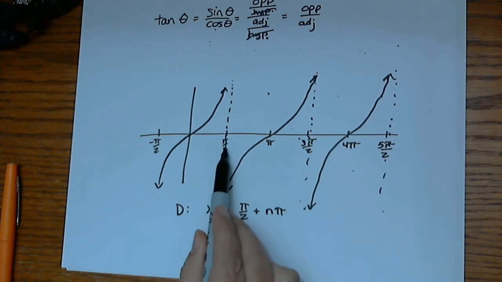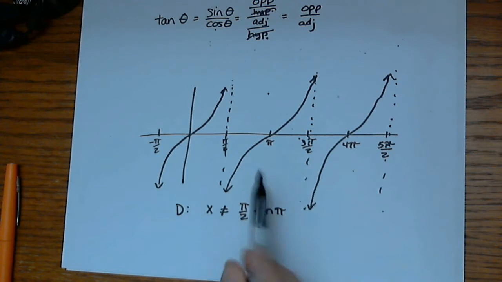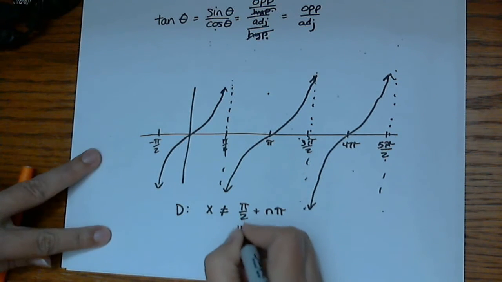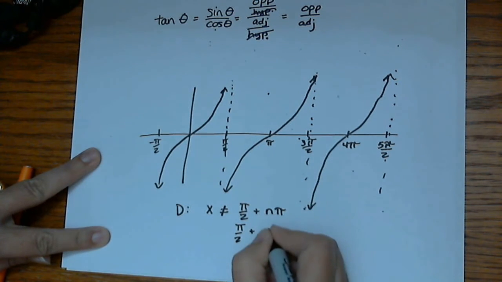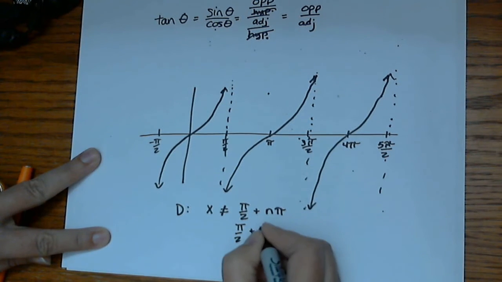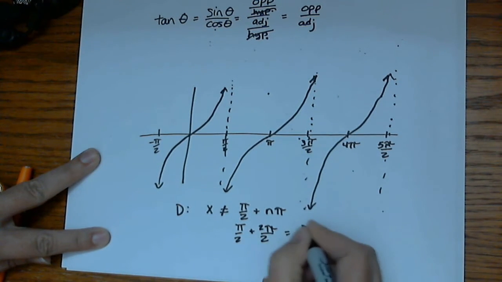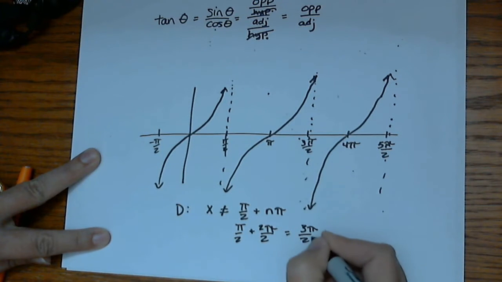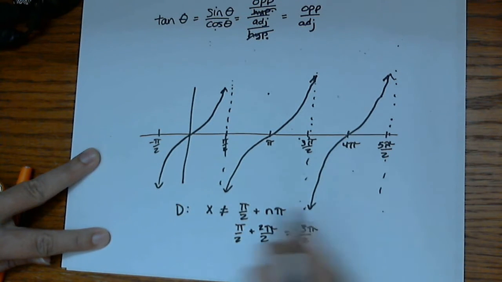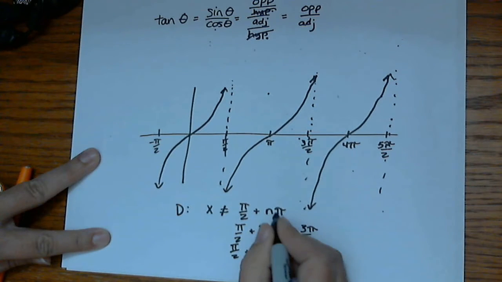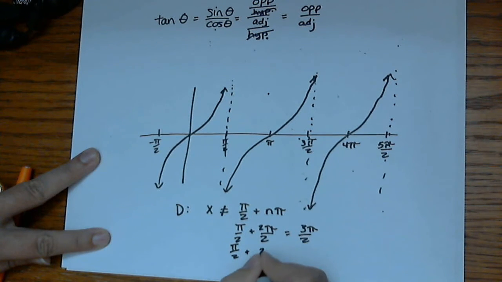So again, pi over 2 is the first one. If we add pi to it, pi over 2 plus pi, well, that's the same as saying 2 pi over 2. That's going to be 3 pi over 2, and we know that's not in our domain. Or if we didn't want to say pi, we'd say 2 pi.